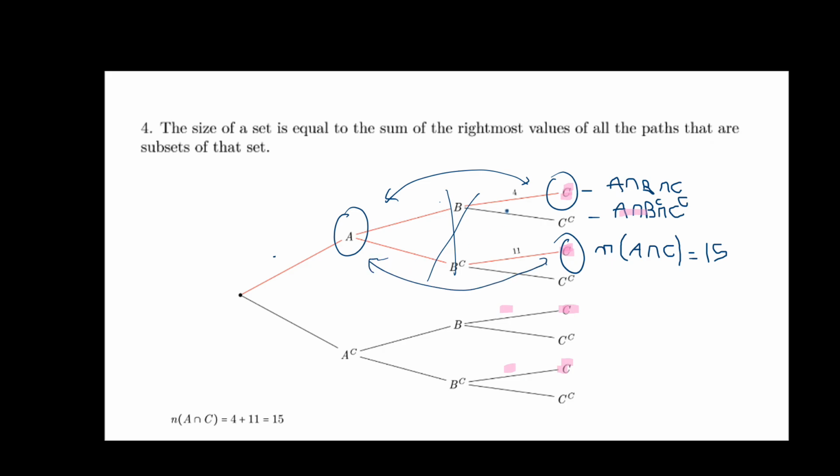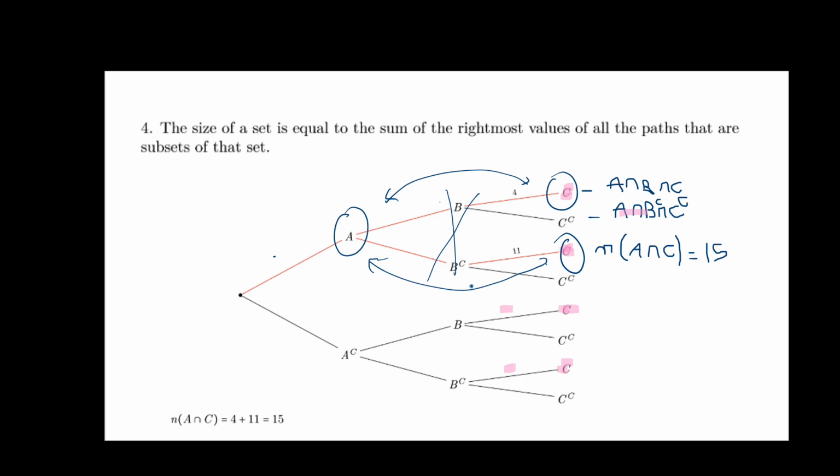What I know is that I have 4 elements in one path and 11 elements in the other, so I have to sum them together to get A and C. So you bypass the middle step, right? The number of A and C is equal to 15. This is what I'm talking about, the rightmost values of everything.